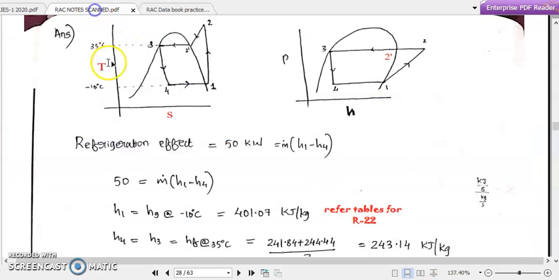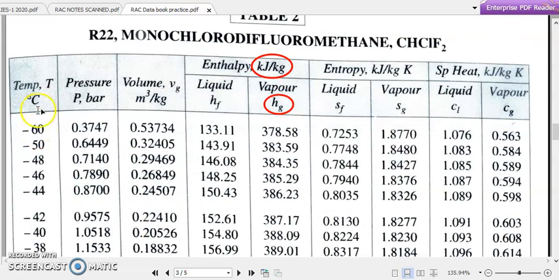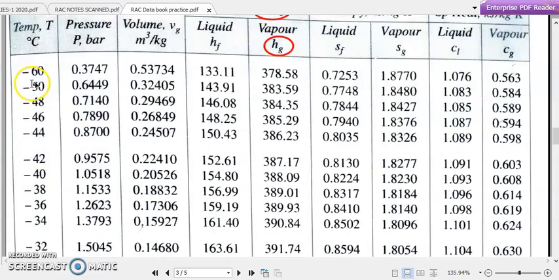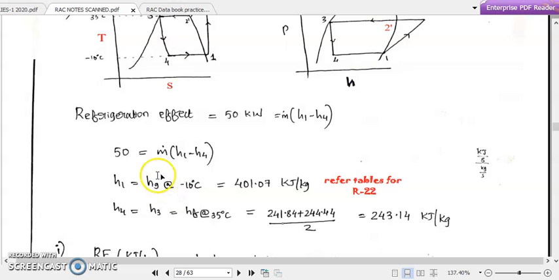Here we need to find the Hg value, the enthalpy at vapor state corresponding to minus 10 degrees Celsius. First, look at the temperature column and locate the row for minus 10 degrees Celsius, and find the Hg value, that is the enthalpy for the saturated vapor state.